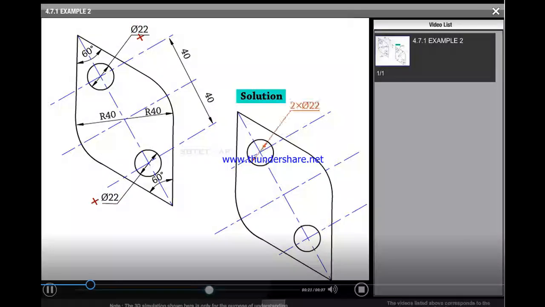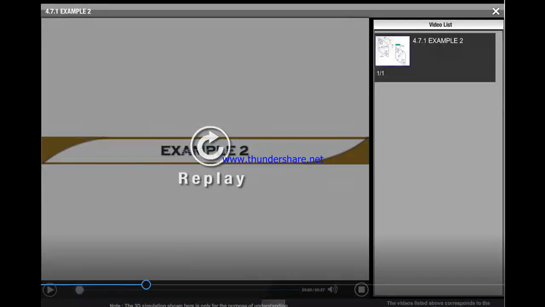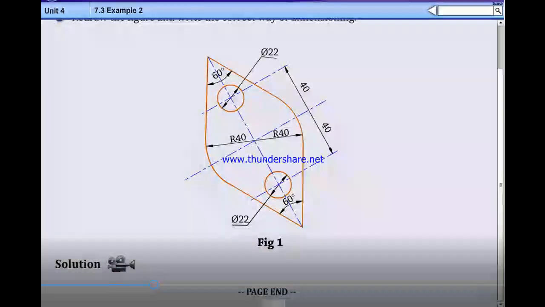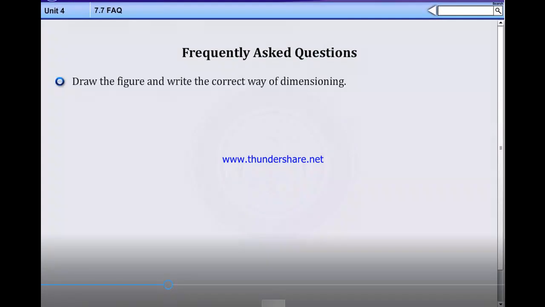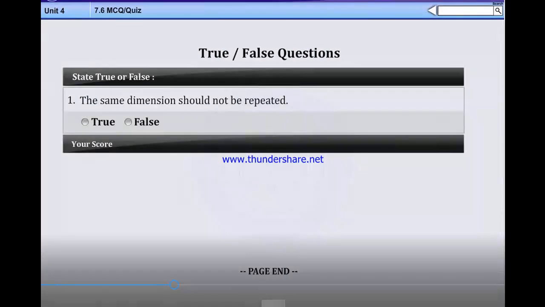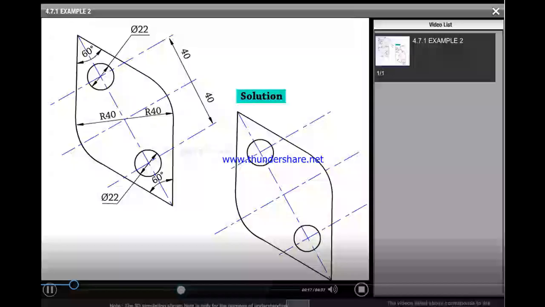Keep the symbol for parameter clear to the numerical value. The dimensions in an aligned manner.